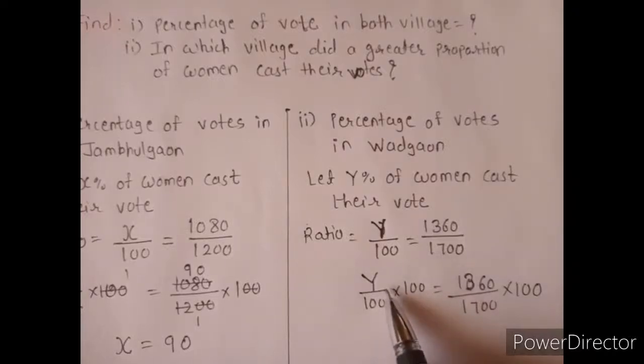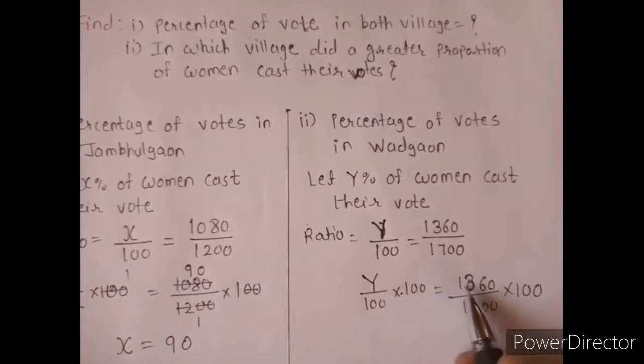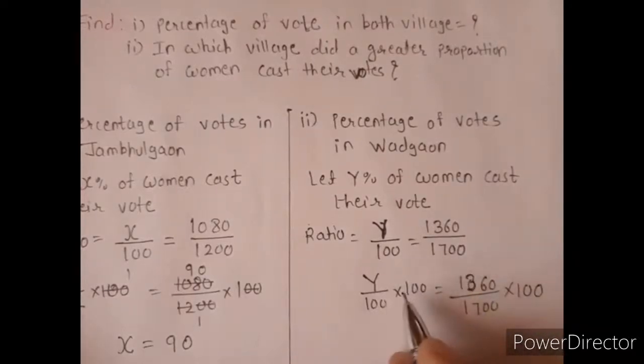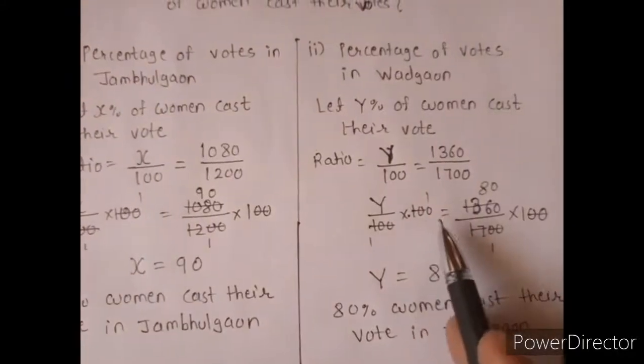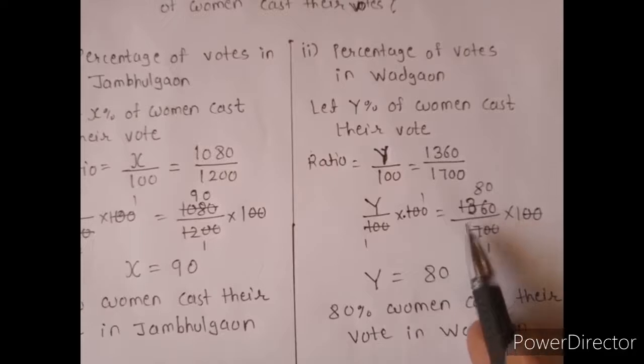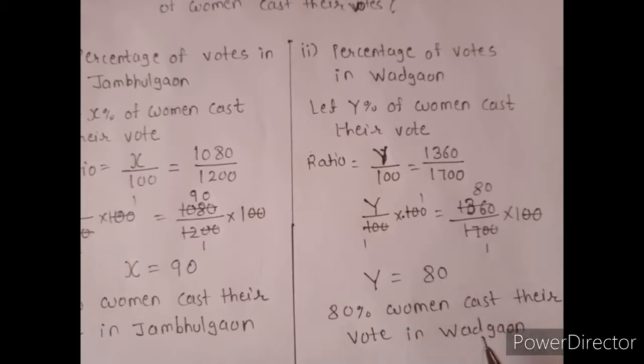Now here also we have written Y upon 100 multiplied by 100 and 1360 upon 1700 multiplied by 100. Both sides we have to multiply by 100. Now calculate this. After calculating these ratios, we will come to know that Y is equal to 80. It means 80% of women cast their vote in Vadgaon.